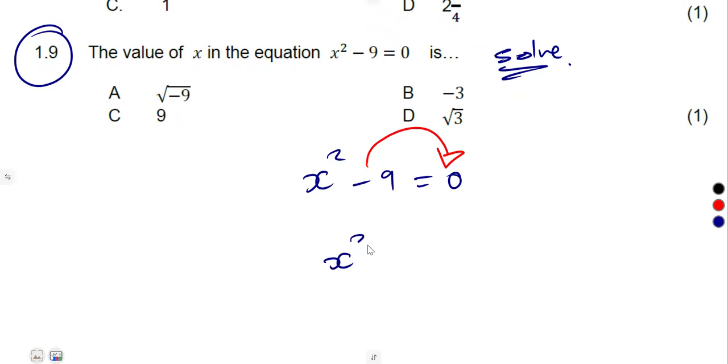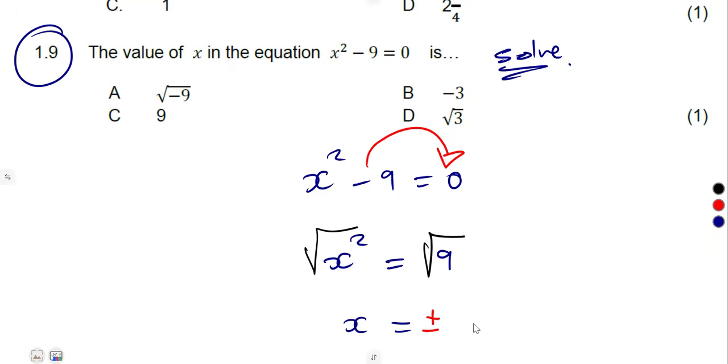So x squared is equal to positive 9. It was a negative, so it will be a positive there. To find x, we introduce the square root, the opposite, to get rid of the square, knowing that the square root of any number is plus or minus.